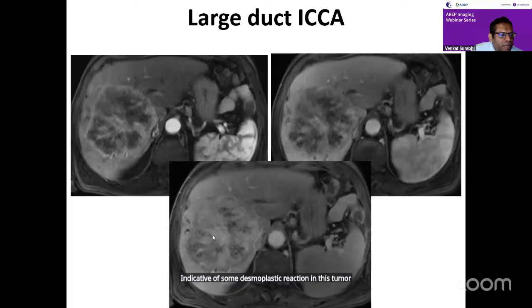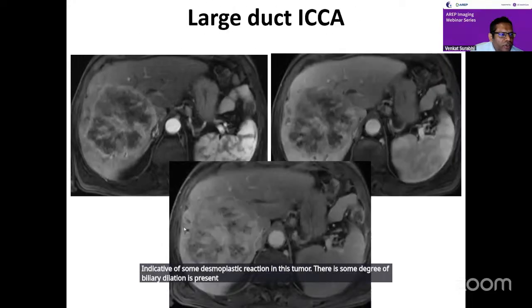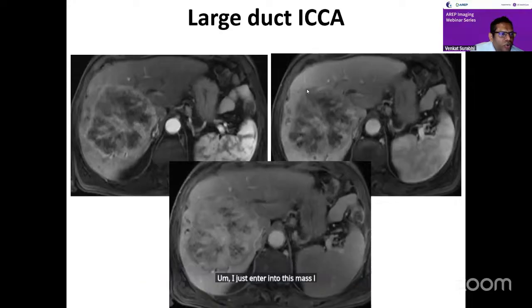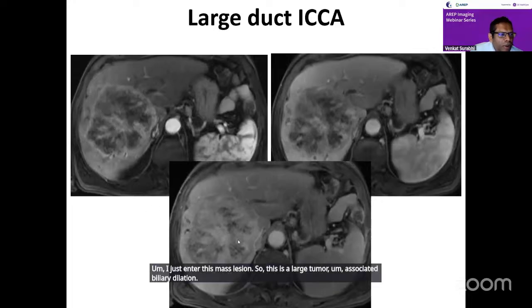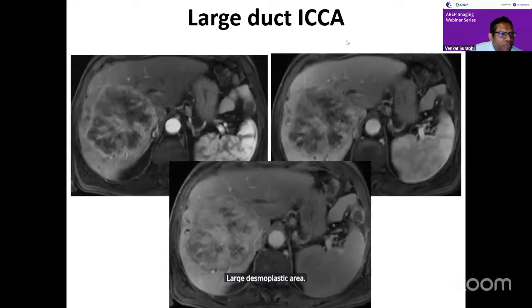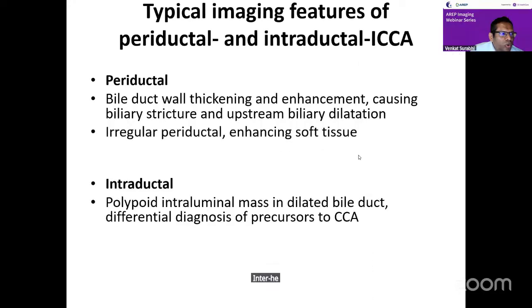There is some degree of biliary dilation present adjacent to this mass lesion. So this is a large tumor, associated biliary dilation, large desmoplastic area, indicative of a large duct type of intrahepatic cholangiocarcinoma.